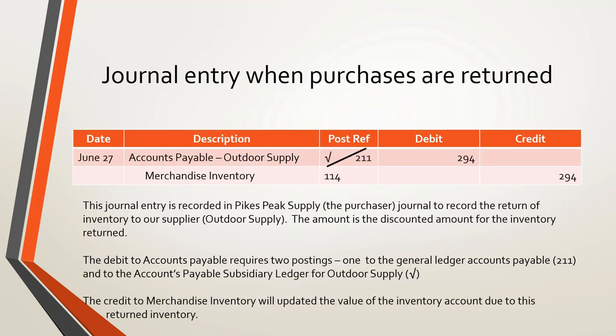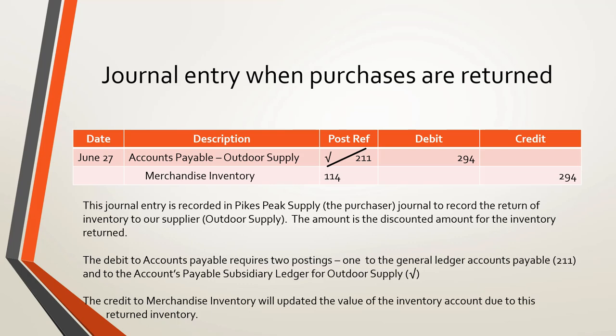merchandise to a supplier. And so this is, we no longer owe them accounts payable. The name of the company that was owed to was Outdoor Supply. So debit accounts payable for Outdoor Supply for $294, and then credit merchandise inventory to show it's no longer in our inventory.